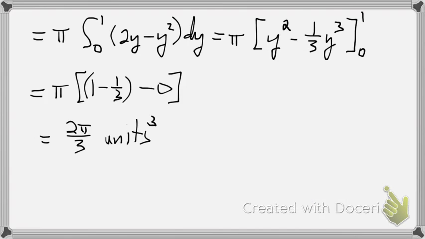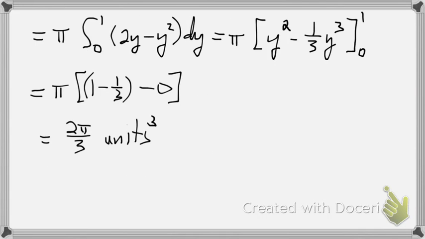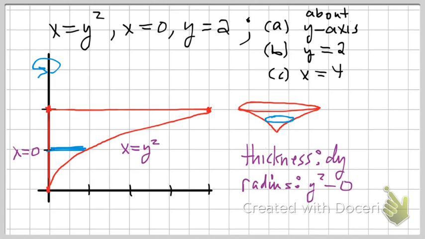Now we're going to spin this around the line x equals 4. We're going to spin this around the line x equals 4.